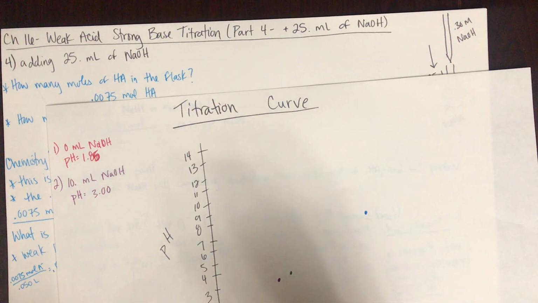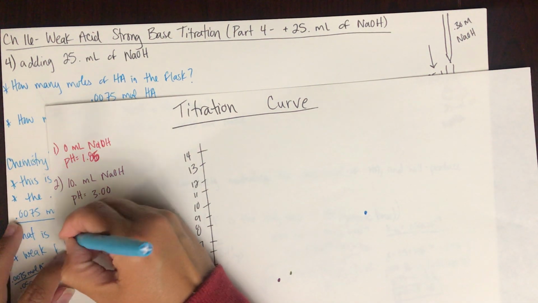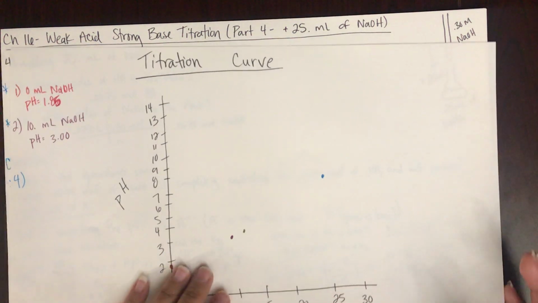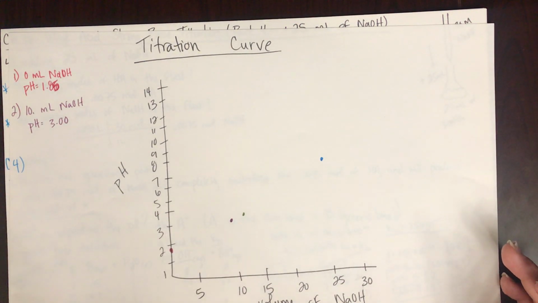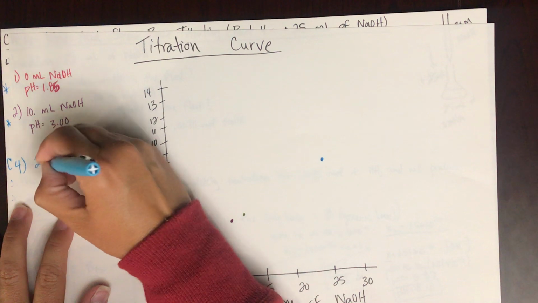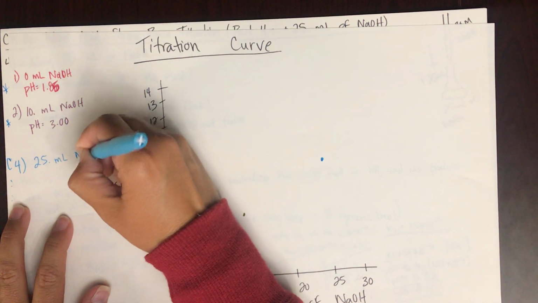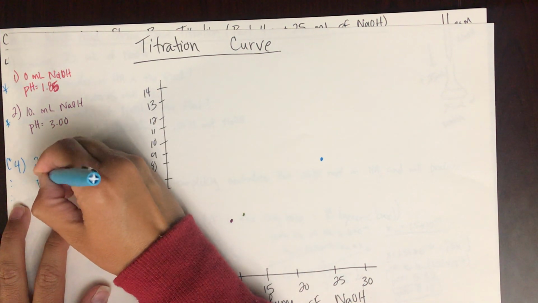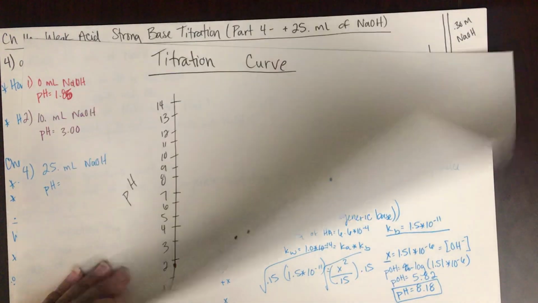One, two, three, 4. Yep, that's 4. I just forgot to write 3. Step 4 is 25 milliliters of NaOH. pH equals 8.18.